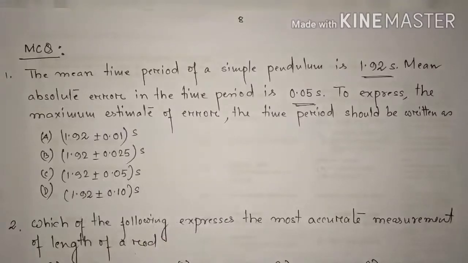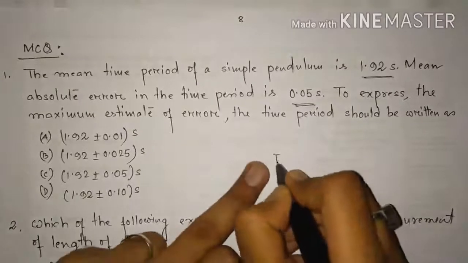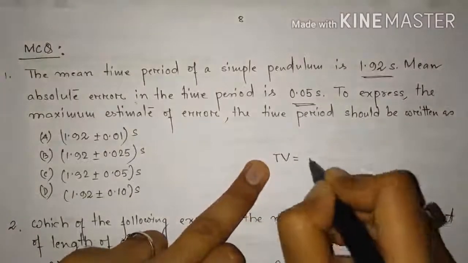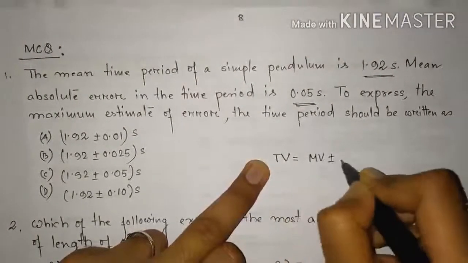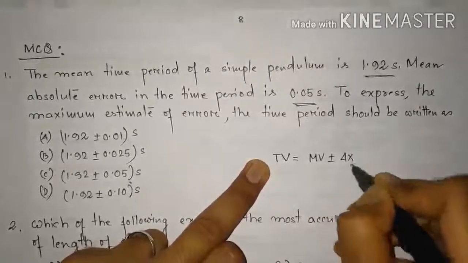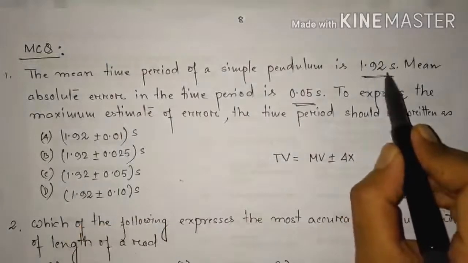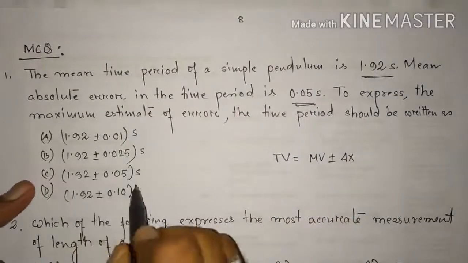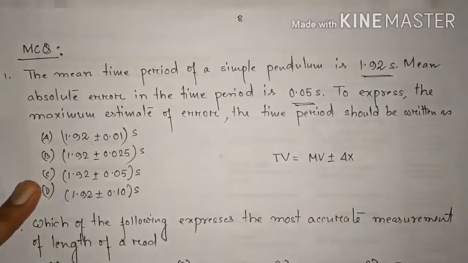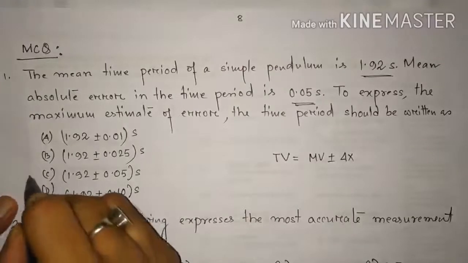So clearly you see, we know that true value is expressed as measured value plus minus delta x, that means plus minus error. So definitely it is nothing but 1.92 plus minus 0.05. So this is the answer.